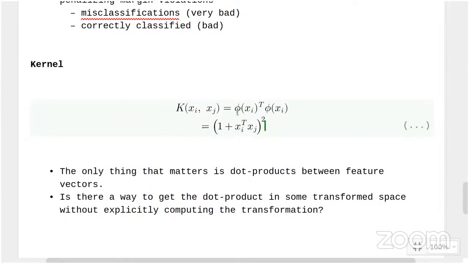I'm not exactly sure, but if you actually try to compute phi of xi and phi of xj, you will notice that you are operating in some 6-dimensional or higher dimensional space, and you are finding the dot product in that transform space. But you're doing all of this implicitly, right? You are not explicitly computing phi of x. You don't have to. That's what a kernel does for you.